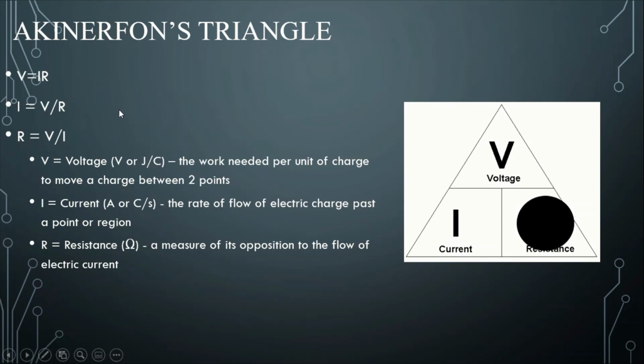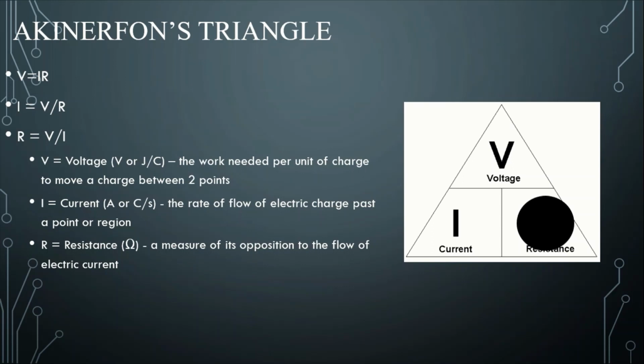But what is voltage, current, and resistance? Well, voltage is the work needed per unit of charge to move a charge between 2 points. So this is expressed in volts, and at one point I'm going to refer to it in joules per coulombs, and that's just a unit of charge.